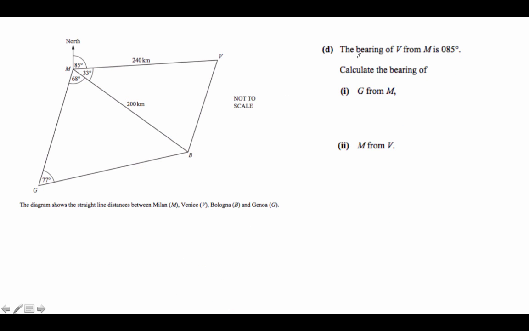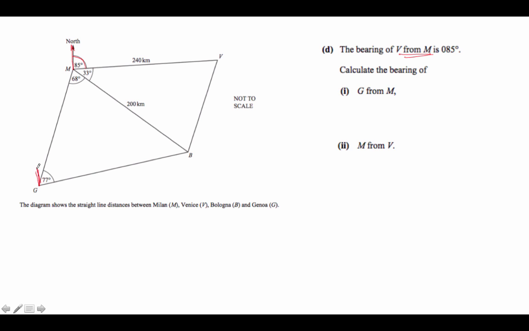In this question, we're told that the bearing of V from M is 085. So the key thing about bearings is that we go from the north and we go in a clockwise direction. So if I'm starting here from M and going round to V, that's 85 as labelled. And the question says calculate the bearing of G from M. So G is over here.